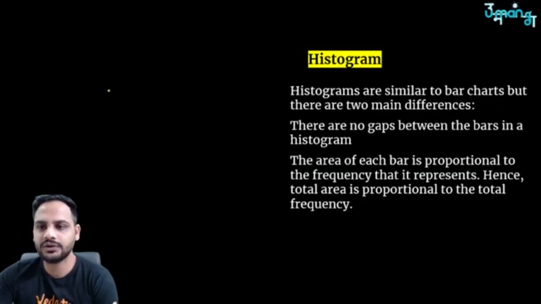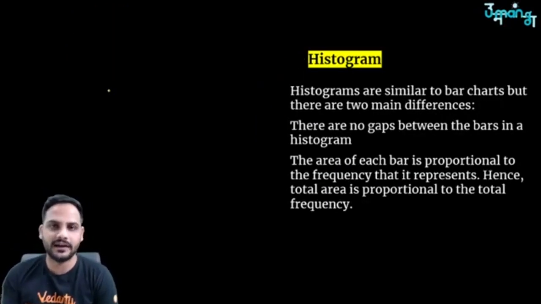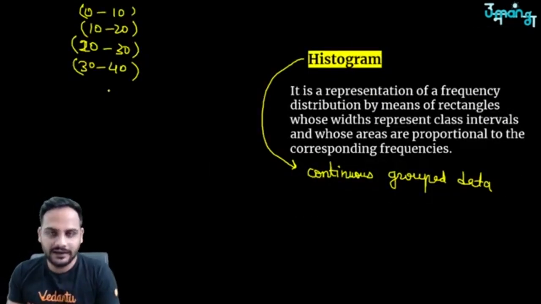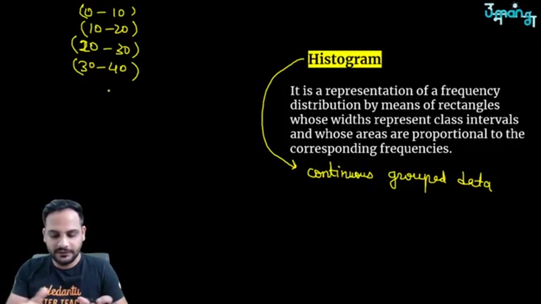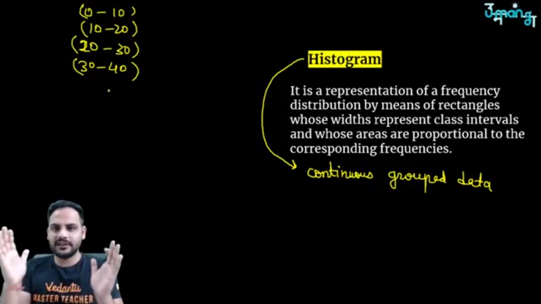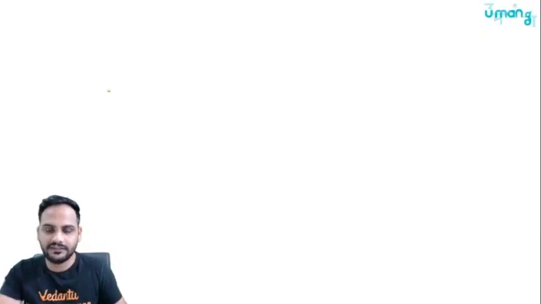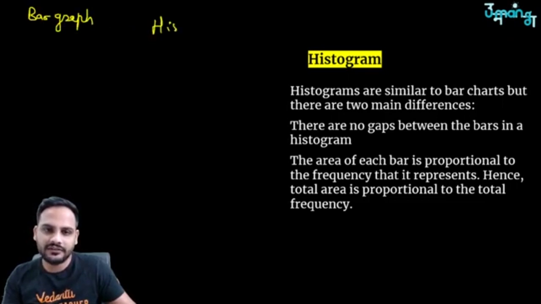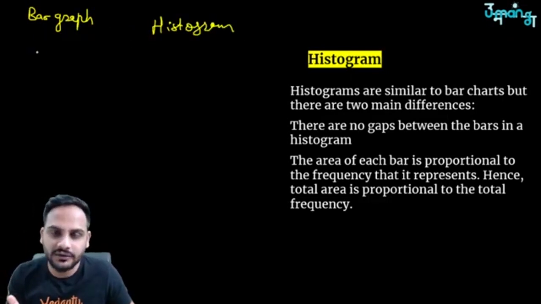Got it? So they are very similar to the bar graph, but in bar graph you don't want the grouped data. In bar graph we have the discrete data, that means different parts. So in bar graph there will be a gap in the bars. The difference between the bar graph and histogram is, the histogram is for a continuous data, bar graph is not for a continuous data.